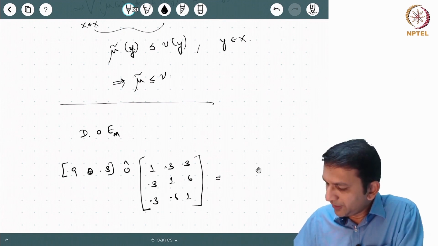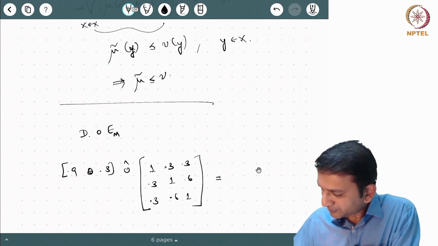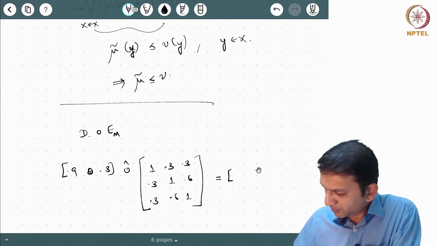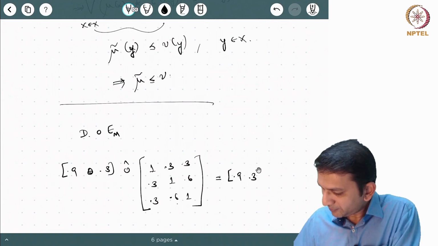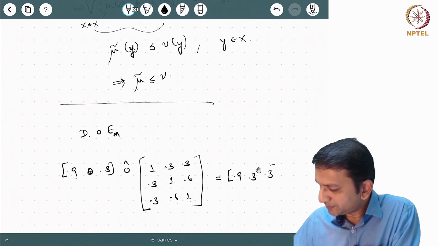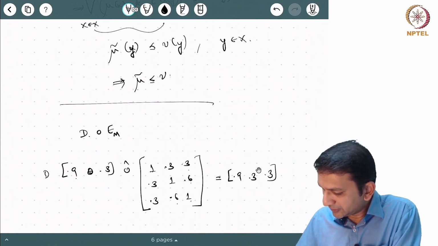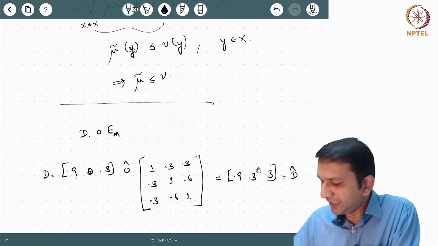Now this will be equal to sup min of 0.9, 0.3, 0, 0.3, 0.3, 0.3, 0.3, 0, 0.3, which is 0.3. So if you consider this as D, then this is our D cap.